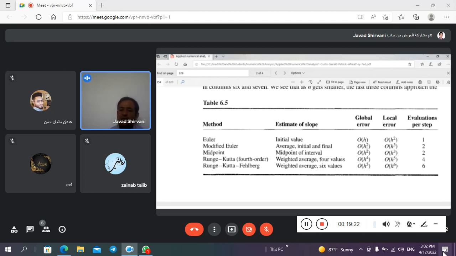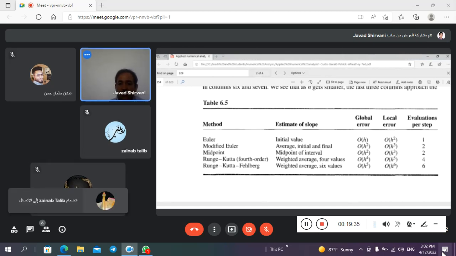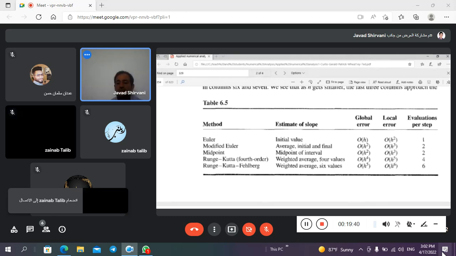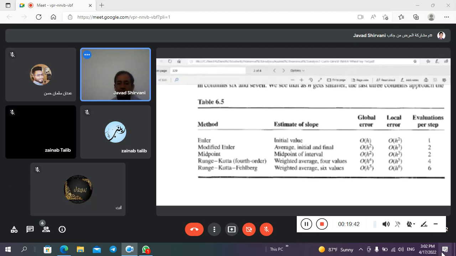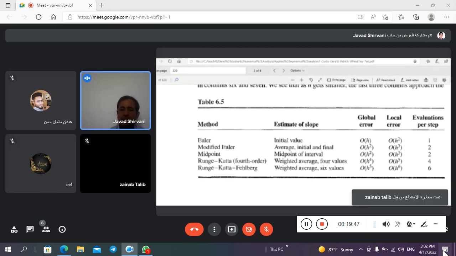And in Runge-Kutta fourth order, you can see the accuracy has improved far more, furthermore, when compared to the midpoint and modified Euler.